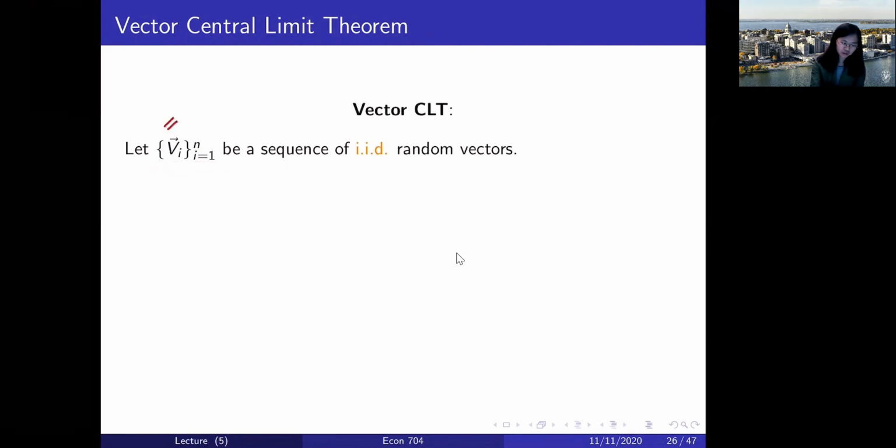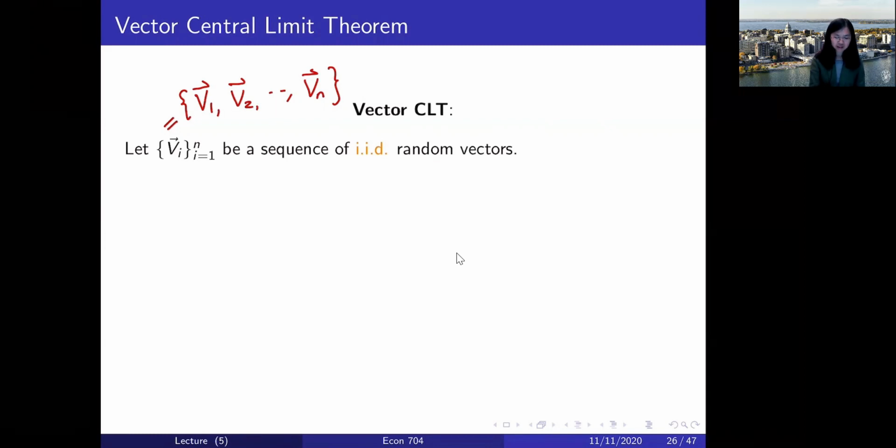This is the short notation for V1, V2 to Vn, where V1 is the characteristics, the random variables for individual 1 in the sample, and this is for individual 2 in the sample, and this is for individual n in the sample. So let this be a sequence of IID random vectors.